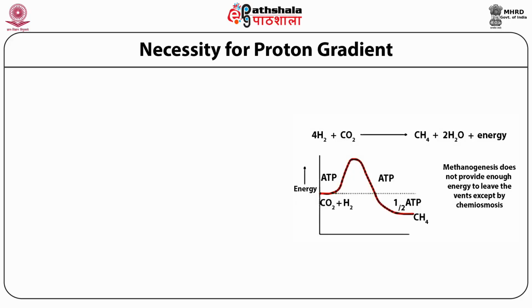Necessity for proton gradient. The proton gradients are required in the biochemistry of life. In other words, to convert carbon dioxide into organic molecules, life attaches hydrogen atoms to carbon dioxide.